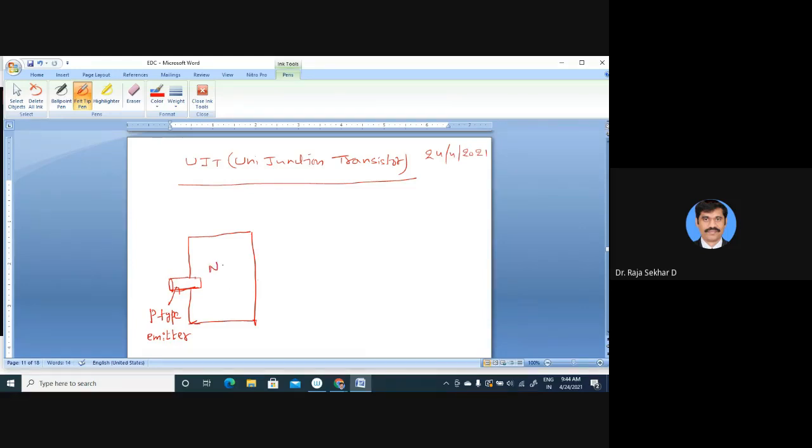Now this is the N-type slab. For this there are two bases, base 2 (B2) and base 1 (B1). So this will form a PN junction.